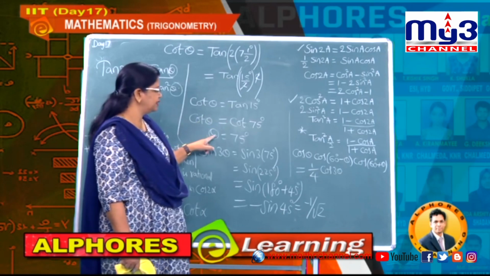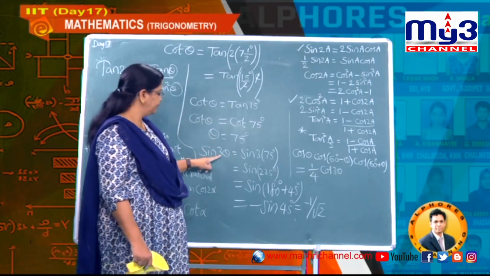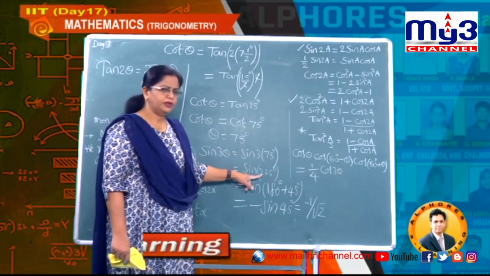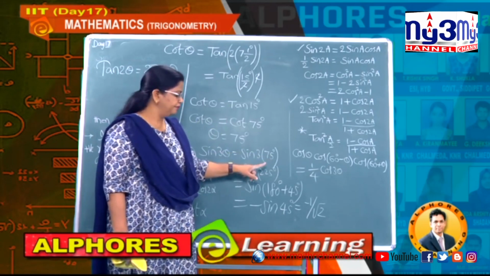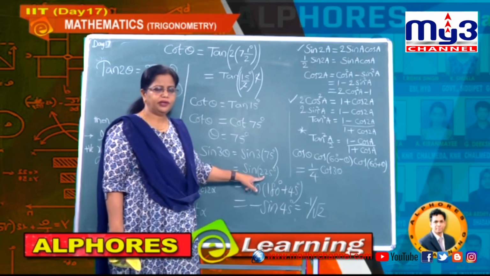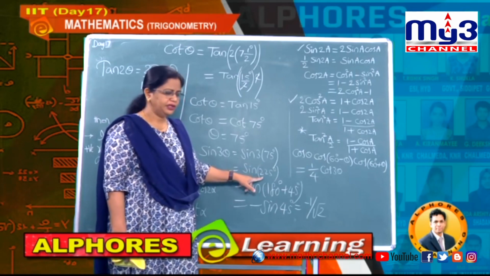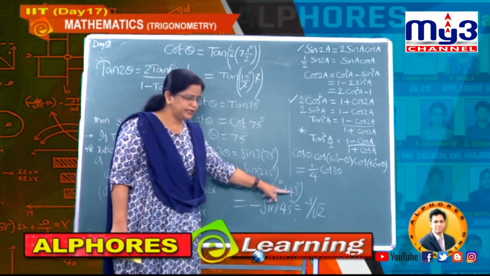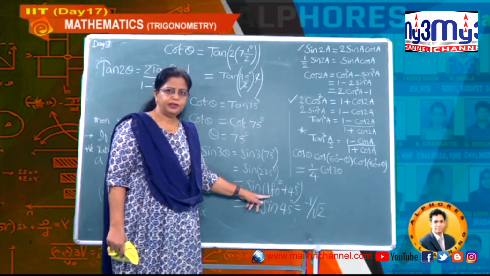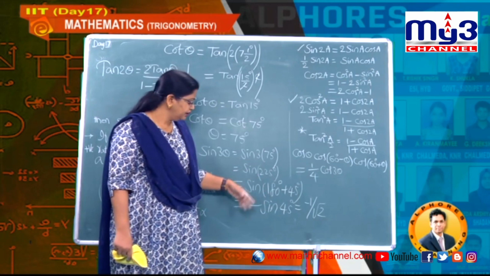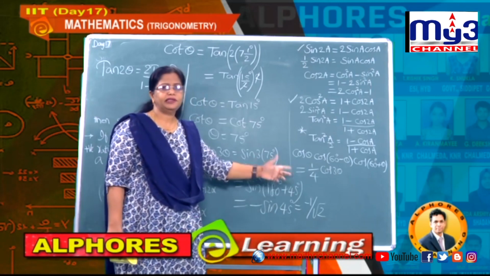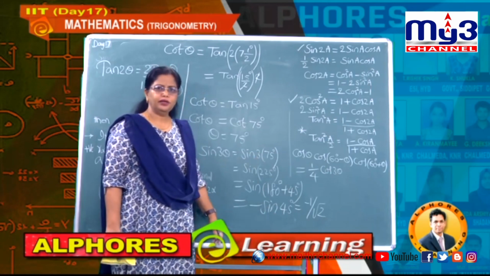So you can cancel, theta is 75, and 3 into 75 we have substituted, and thereby you got 225 degrees. This 225 directly you can write. If any ambiguity is there, better express it as 180 degrees plus 45, which is related to the third quadrant. In the third quadrant sine value is negative, so minus sin 45, hence the answer is minus 1 by root 2.